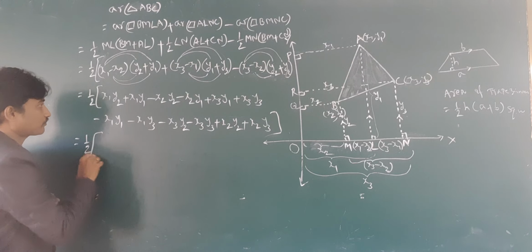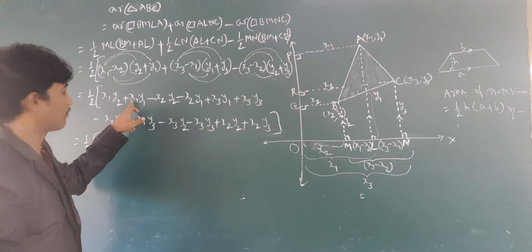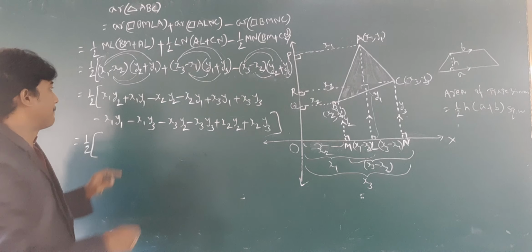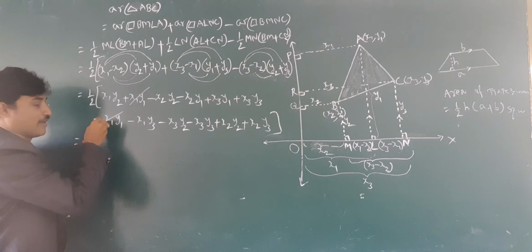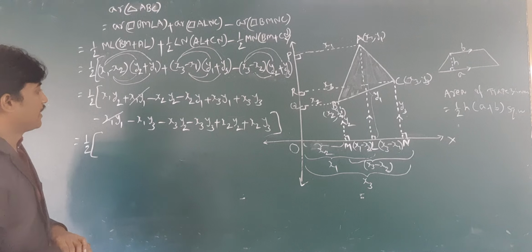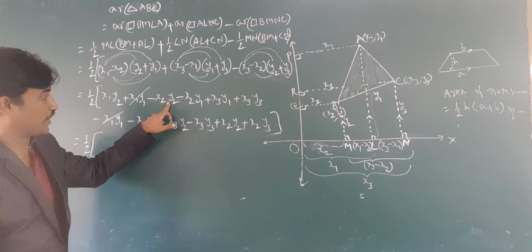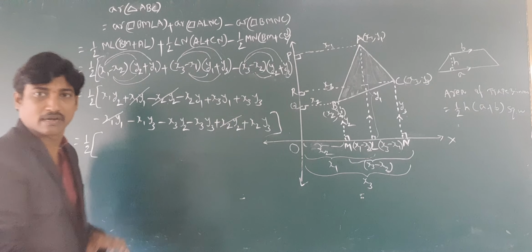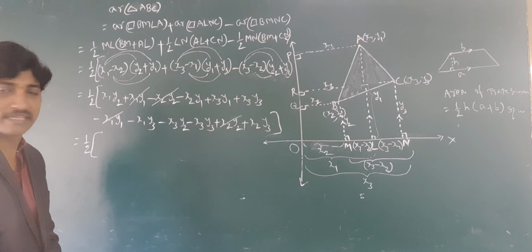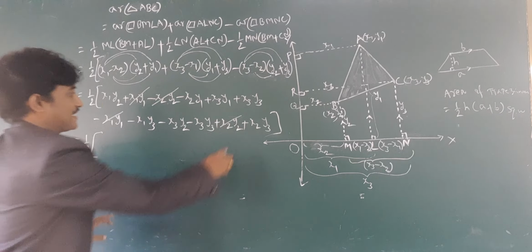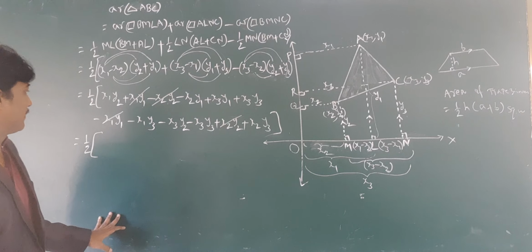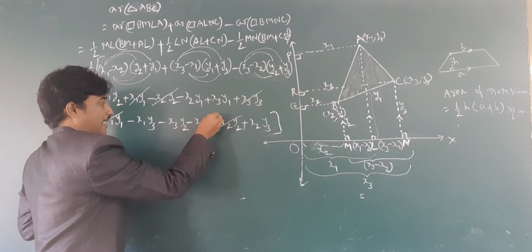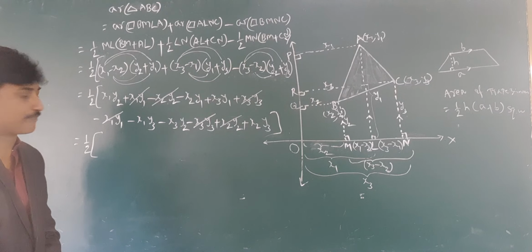Half into, here plus x1 y1 minus x1 y1 can cancel. Next, minus x2 y2 plus x2 y2 can cancel. Plus x3 y3 and minus x3 y3 can cancel.